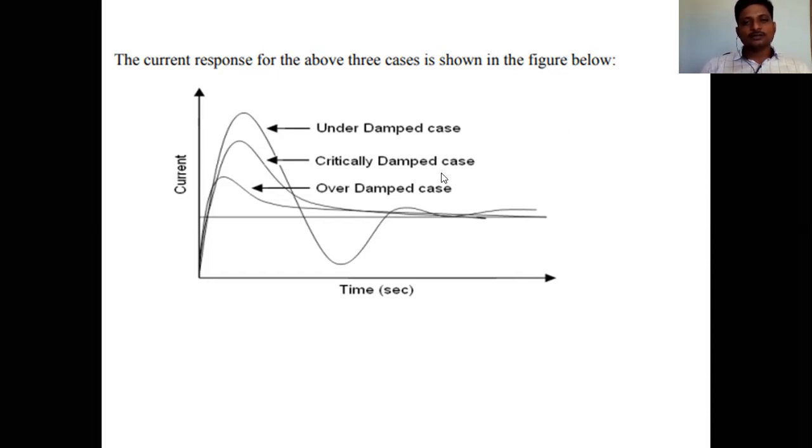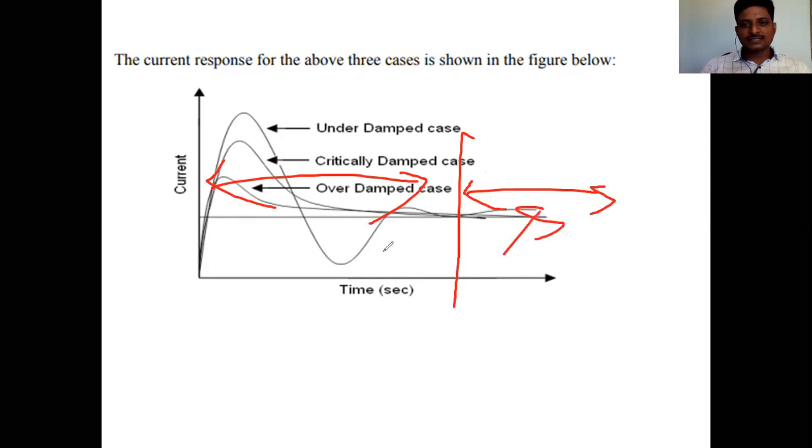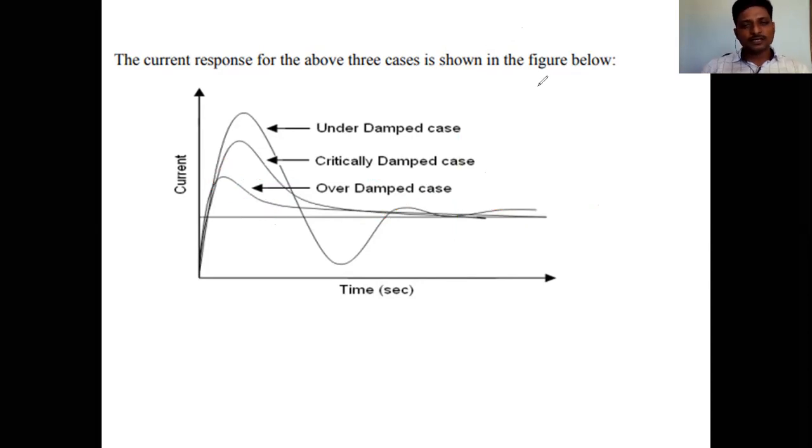So in any case, these are the transient responses until here. This is called the transient response or natural response. After 5 time constants, it is going to reach a steady state response. So this is called the steady state response, and this is the transient response. A transient response is due to the nature of elements.